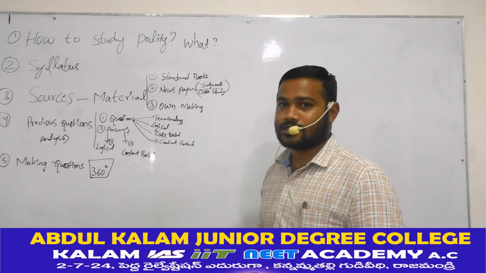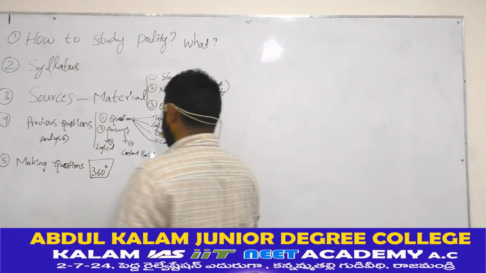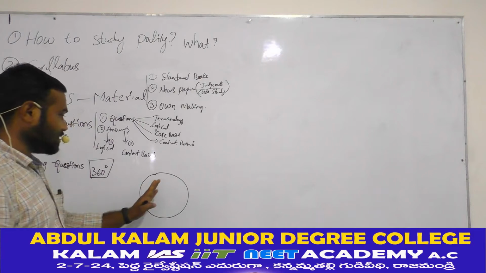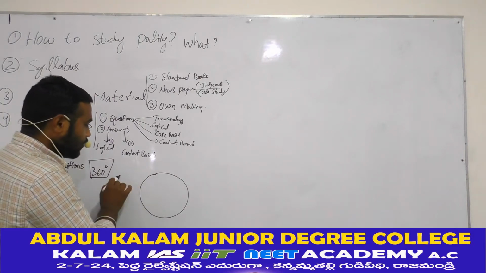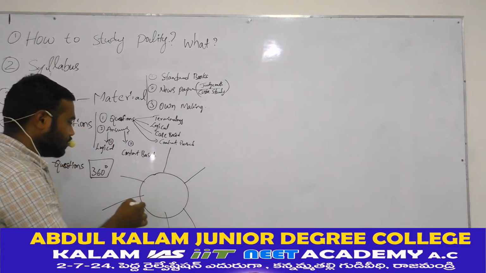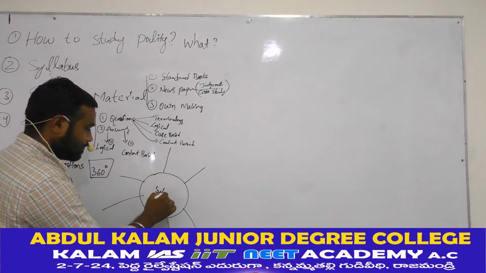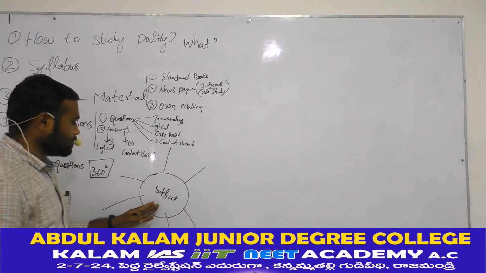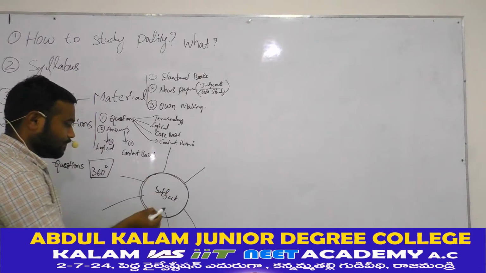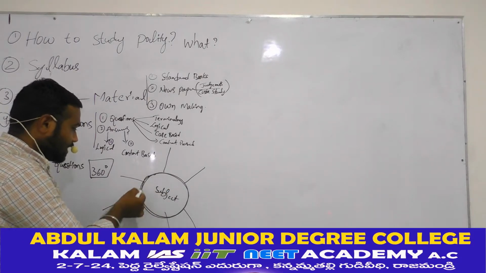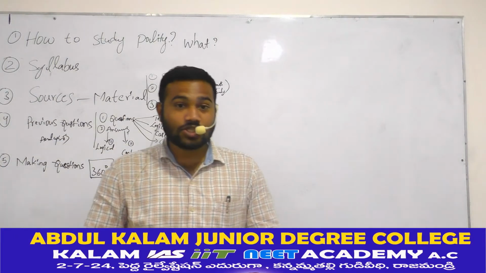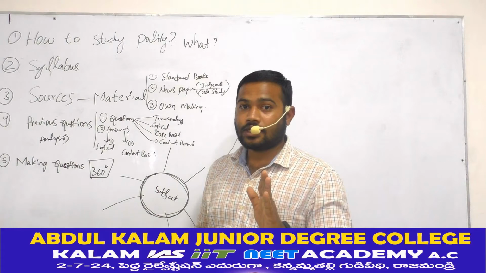What is 360 degrees? If we observe a circle, it has 360 degrees. So if we focus in all ways, all routes, on a subject, when making questions, if we focus on 360 degrees, we cannot miss or lose that subject.